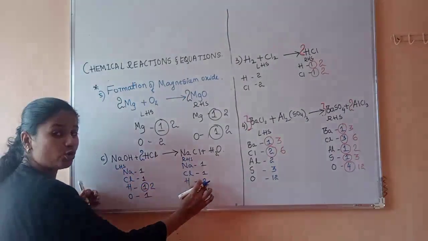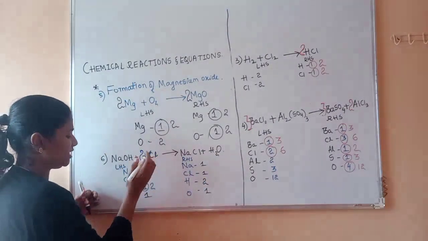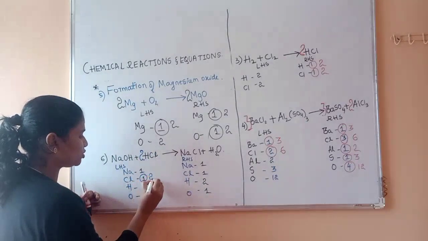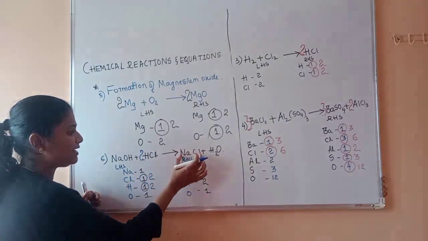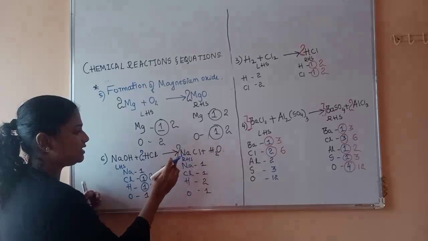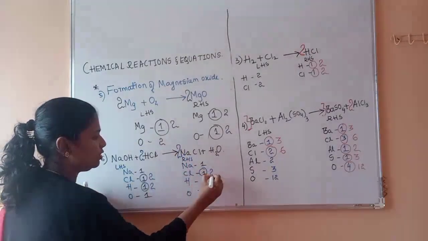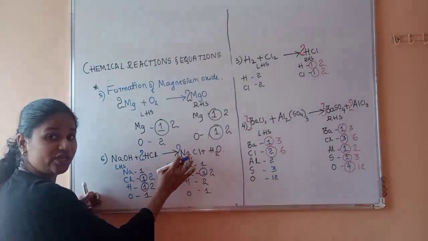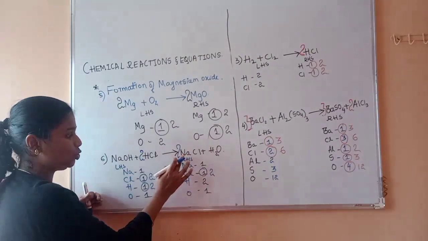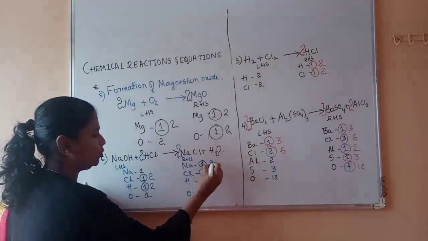Hydrogen 2, hydrogen 2. Next 2Cl, Cl also changed as 2. Now to balance Cl, I am writing 2 here. So Cl became 2. Along with Cl, sodium also got changed. 2Na, it also 2.